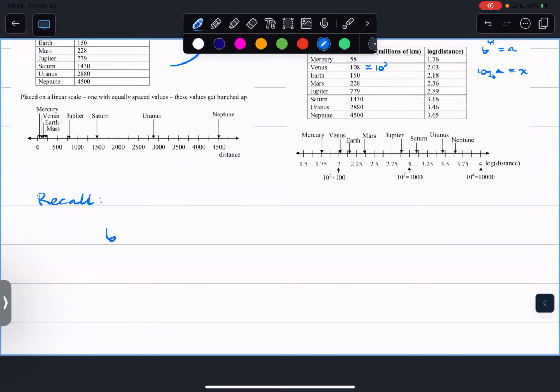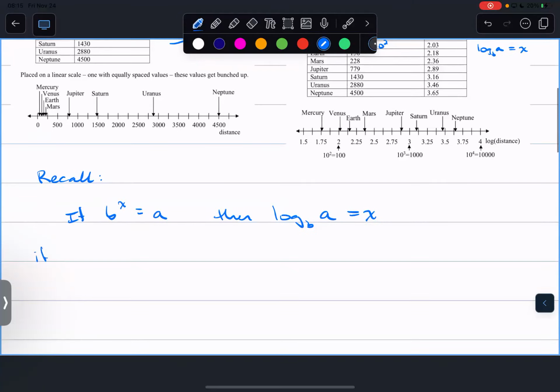Recall, if b to the power of x is a, then log base b of a is equal to x. If we let b be 10, then we're working in base 10.